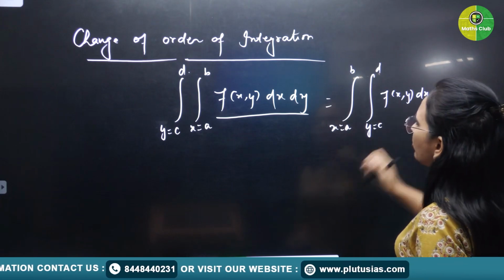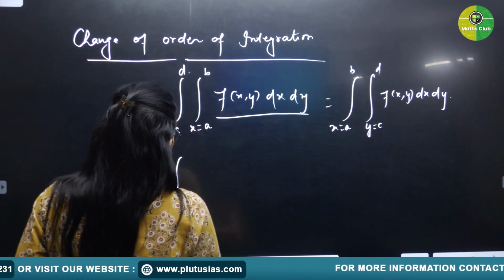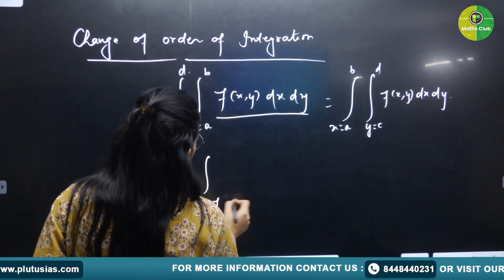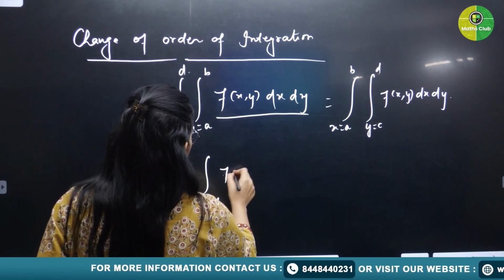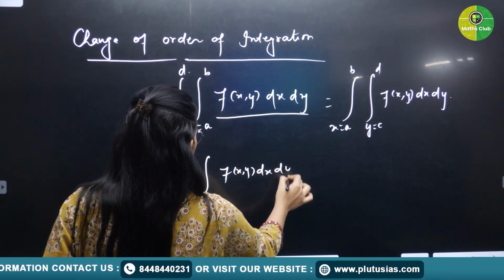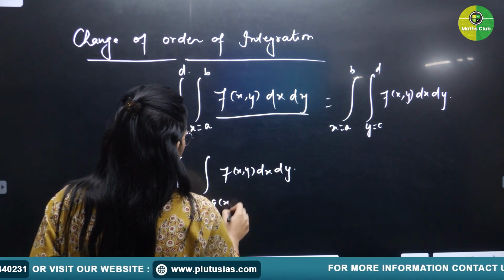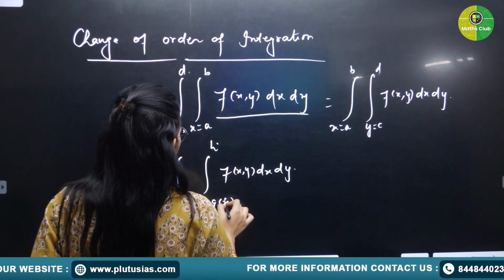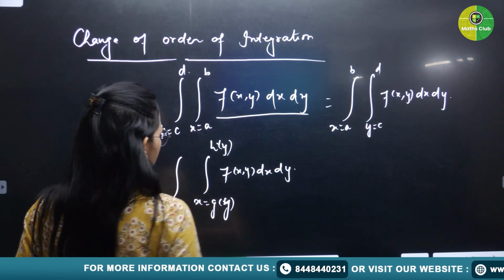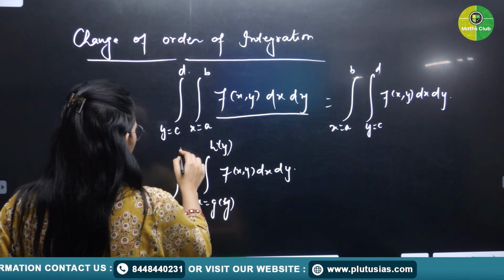But it is not possible to change these limits if the limits of x are some function of y. That is, if we have f x y inside dx dy, and the limits of x are some function g of y and h of y, while y has some limits, say a and b.